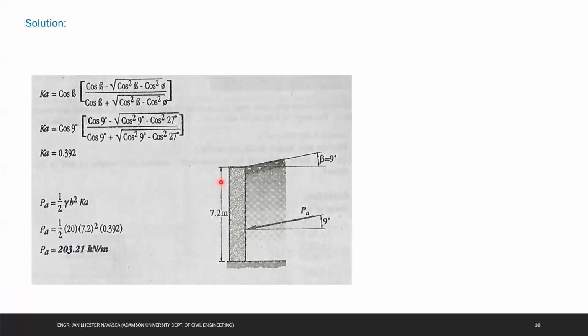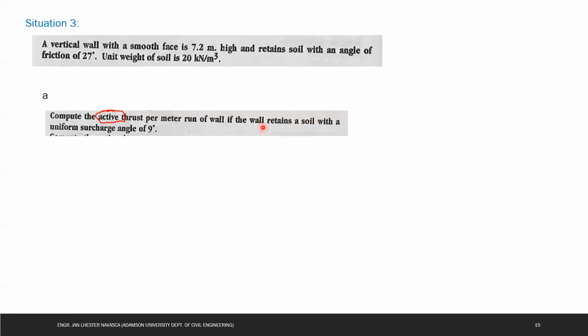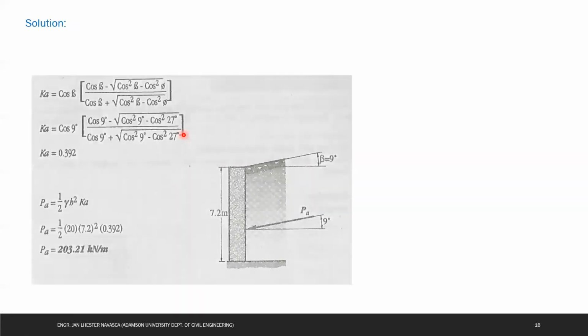So the formula for K sub A is given right here. The beta is the 9 degrees, that is the angle of the uniform surcharge, meaning the soil on top. The soil on top is also called surcharge. So you have this 9 degrees inclination of backfill at the top.